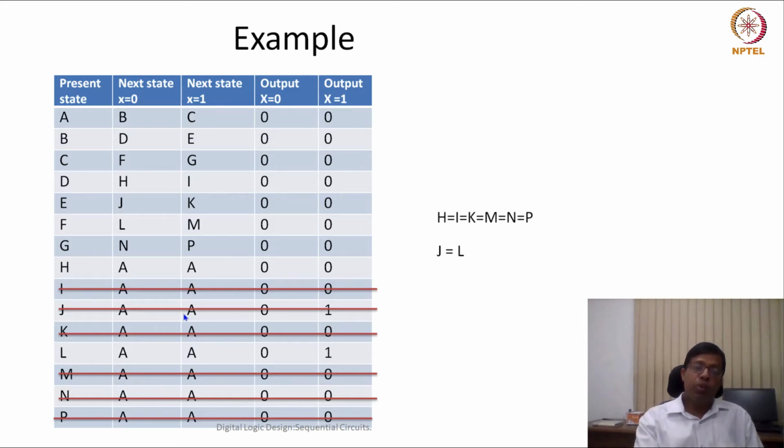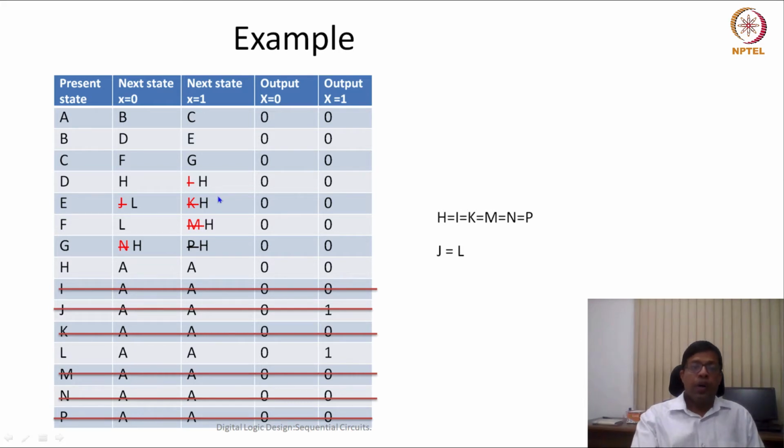Now the next step is that wherever J is there, I have to replace it with L, and wherever I, K, M, N, and P are there, I have to replace them with H. So wherever I found I, K, M, and N, I would replace them with H, and similarly if J is there, I'll replace it with L.